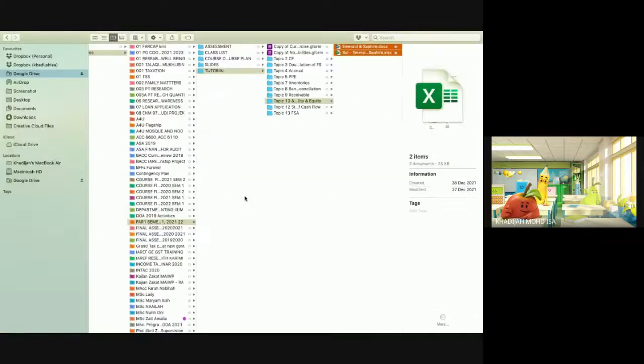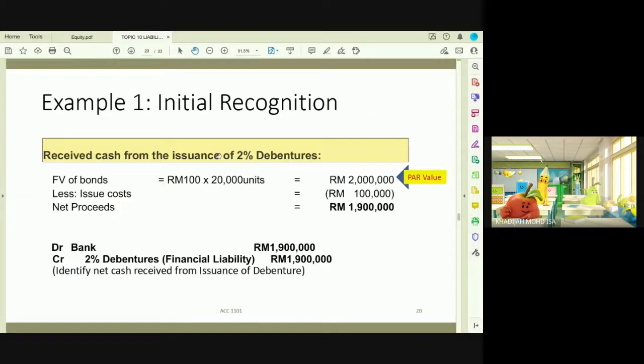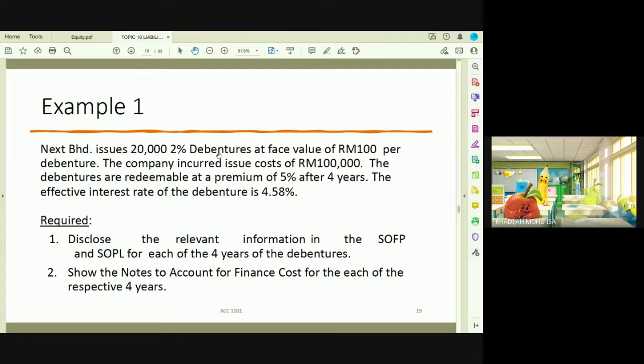The 5% here is the debentures are redeemable at a premium of 5%. In our case, it doesn't mention how much it will be redeemed at. So can anyone help me?